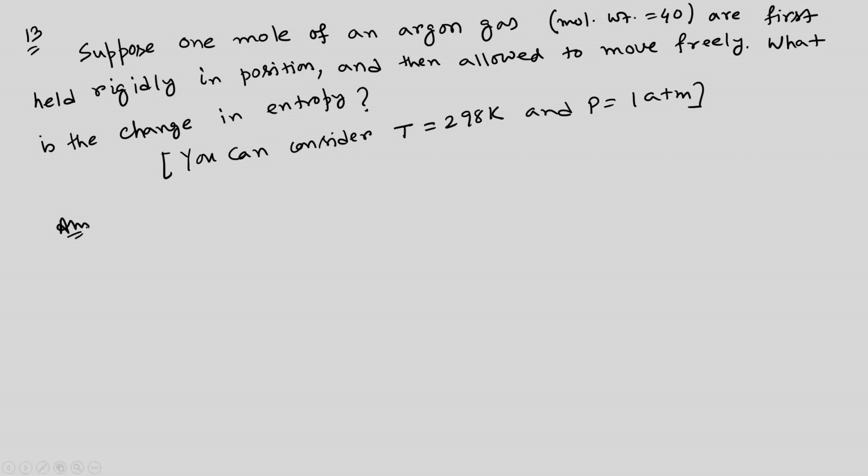So, this problem says, suppose 1 mole of argon atoms are first held rigidly in position and then allowed to move freely. What is the change in entropy? So, the catch here is the atoms are rigidly held in their positions and then allowed to move freely.